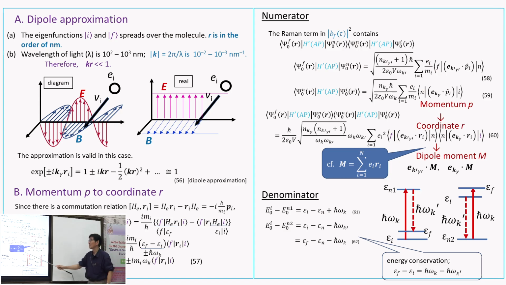Summing up, we can calculate the dipole moment. Here is the charge of the i-th particle and the coordinate of the i-th particle, which appear twice. So this part can be replaced with the dipole moment operator m.